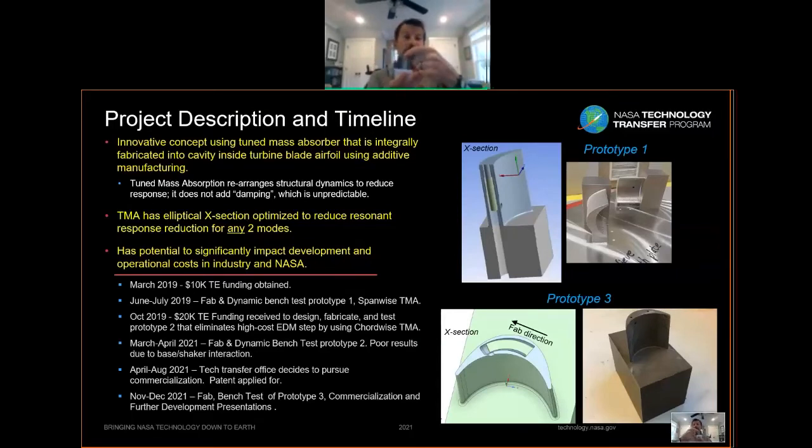The tuned mass absorber for prototype 1 is span-wise, but you're always going to be fabricating chord-wise because you're building an entire blisk. I've shown two blades that I actually fabricated: one was a baseline blade without an absorber, and one was the prototype with the absorber, which I have here. You can also see a little material underneath the blade, which is a support structure, a scaffolding.